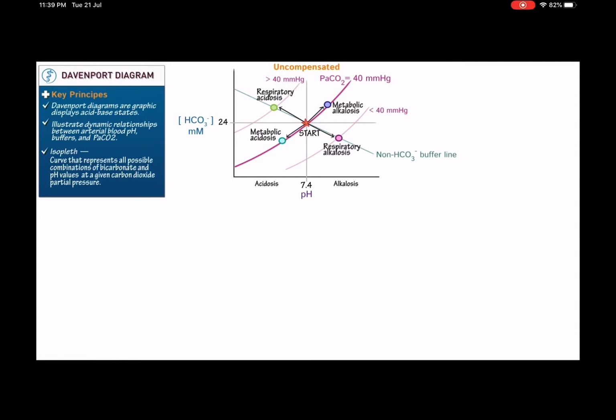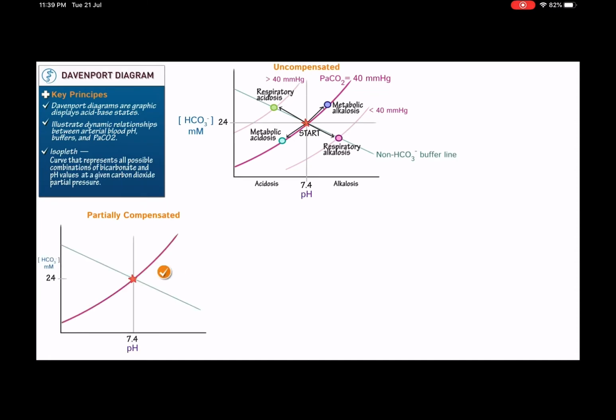Let's see what the arterial blood profile looks like when compensation is only partially complete. First, redraw the original graph and include the curves to show the 40 millimeters mercury isopleth and the non-bicarbonate buffer line. Then show that when metabolic acidosis triggers the release of carbon dioxide from the lungs, PaCO2 falls and pH increases.